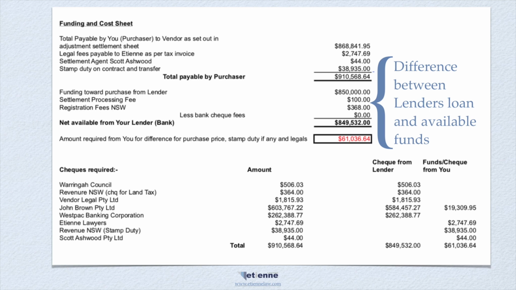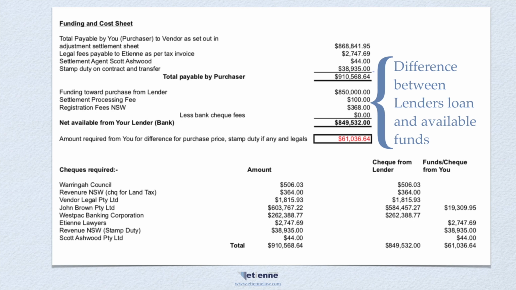Another reason why the amount you are paying can be more than the balance of the purchase price, less the amount your lender is providing you, is that the amount available to you from the lender is often less than the advised loan amount. The reason for this is that your lender deducts fees and expenses from the total loan amount lent to you.